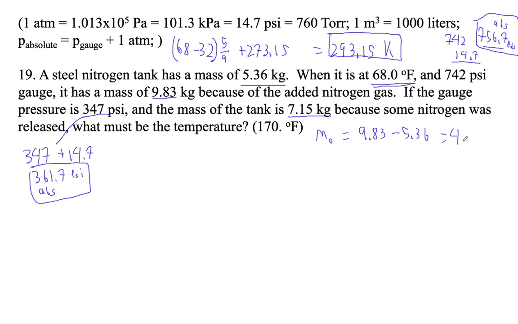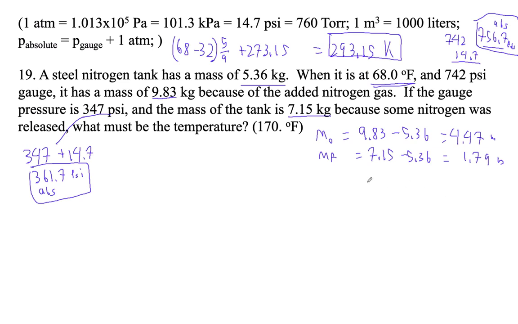This is just the nitrogen gas, which is what we have to use. And the final mass is going to be 7.15 minus 5.36. That's 1.79. So this is kilograms.